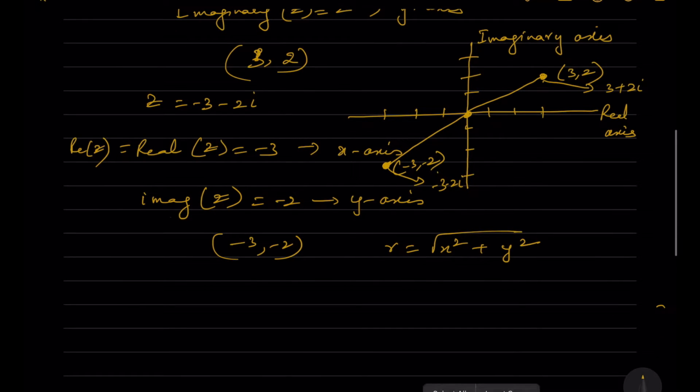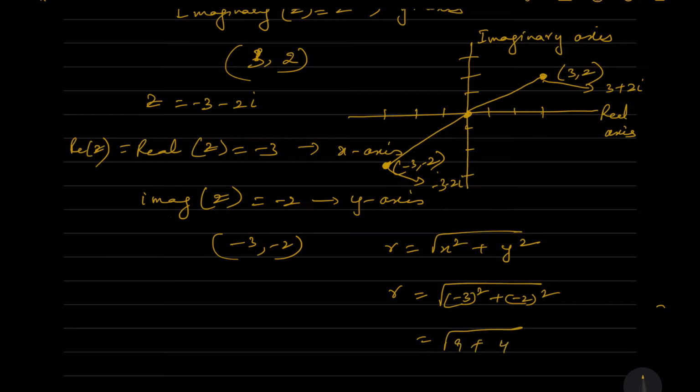Now here you can either take the negative value or the positive value. So here I have taken it as -1. So (-3) whole square plus (-2) whole square, which is equal to 9 plus 4, which is equal to root of 13. This is equal to root 13.